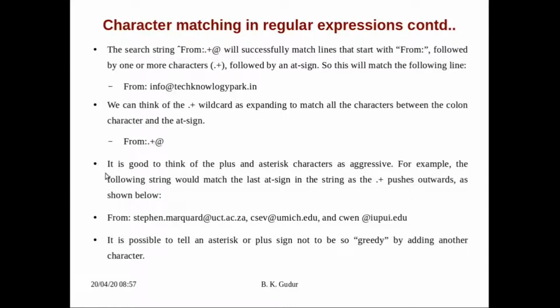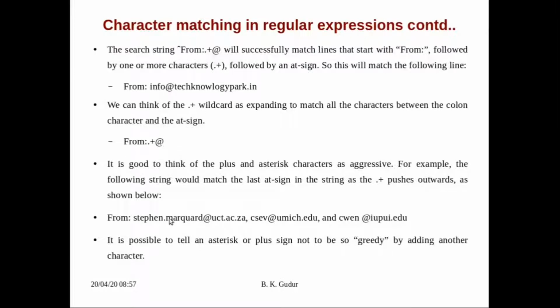It is good to think of the plus and asterisk characters as aggressive. Aggressive means it will take any number of characters, extending as far as it can. For example, the following string would match up to the last at sign in the string, as the dot plus pushes outward as shown. While matching from the colon, later it should match for at.